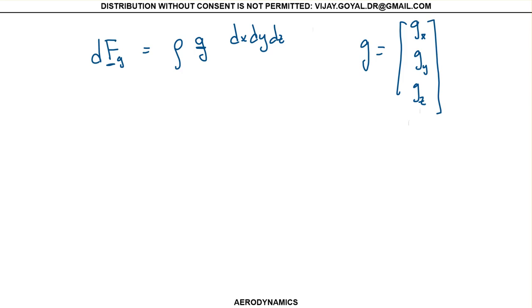Okay, so my total force F has to equal my total force acting on the surface plus total force acting of my body forces, all has to equal to 0. This is because the body needs to be in equilibrium.